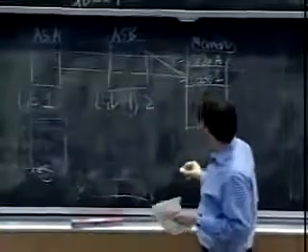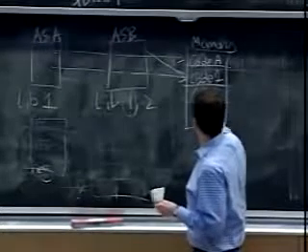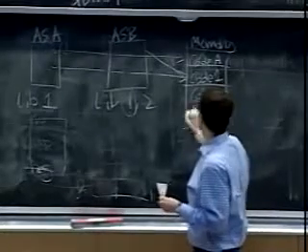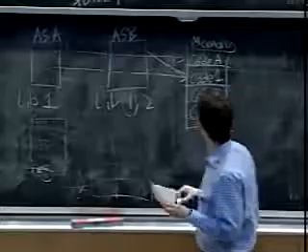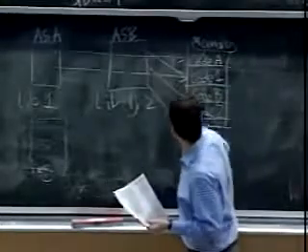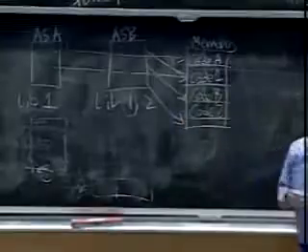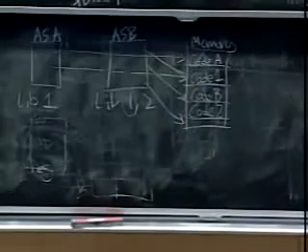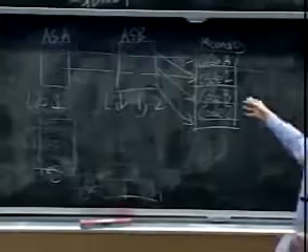Then, of course, we're going to have to load additional memory for B itself and for library 2, which A hasn't already loaded. Those are going to be loaded into some additional locations in the physical memory and then mapped into B's memory.